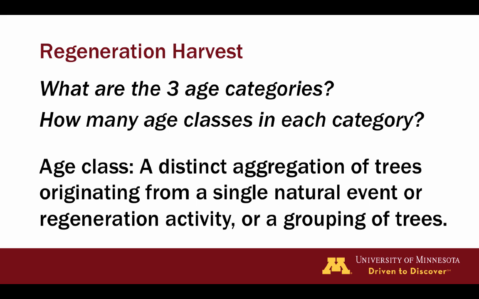So just to remind you of the official term for an age class from the Dictionary of Forestry: a distinct aggregation of trees originating from a single natural event or regeneration activity. So it's that grouping of trees. So what are the 3 different types of regeneration harvest and how many age classes are in each of those harvests? So pause for just a second.